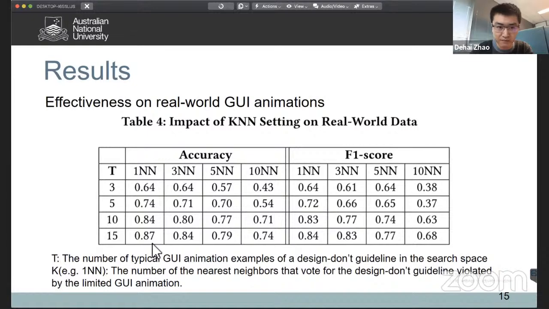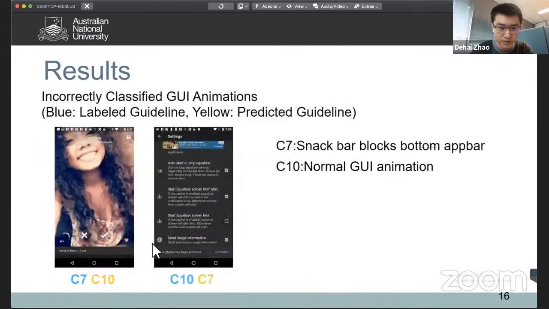However, there are some failure examples. This is snack bar blocks bottom bar. We can see both of them are black in color, dark in color, and mixed together, which means it's very hard to recognize. And our model failed to give it the right category.